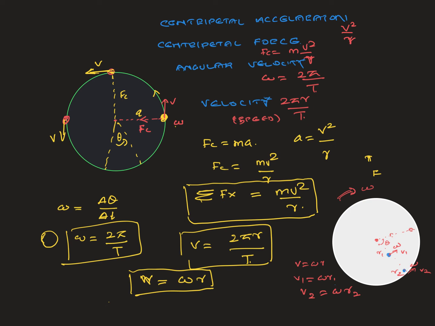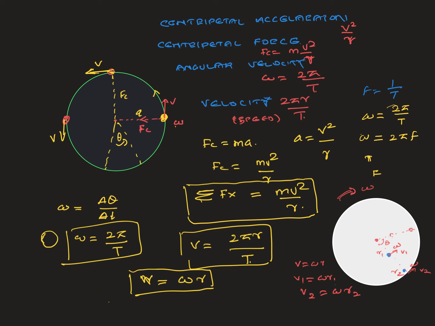And how about frequency? Frequency is given by 1 over T. And if you relate that to omega, omega is equal to 2 pi over T. So we can also say omega is equal to 2 pi f.